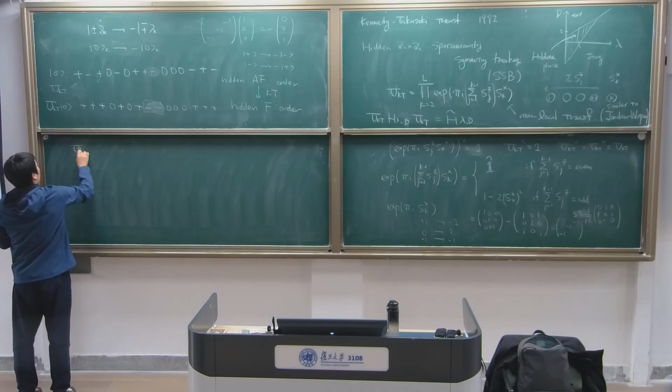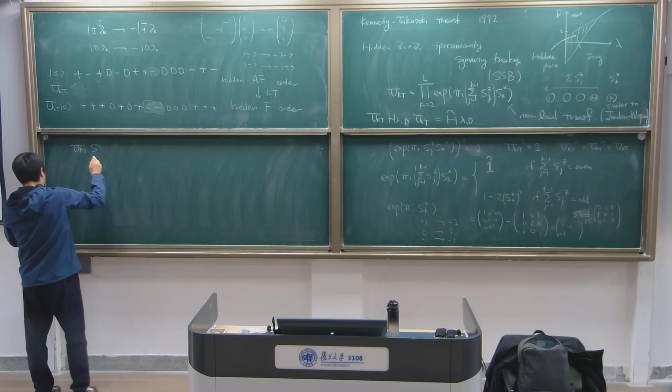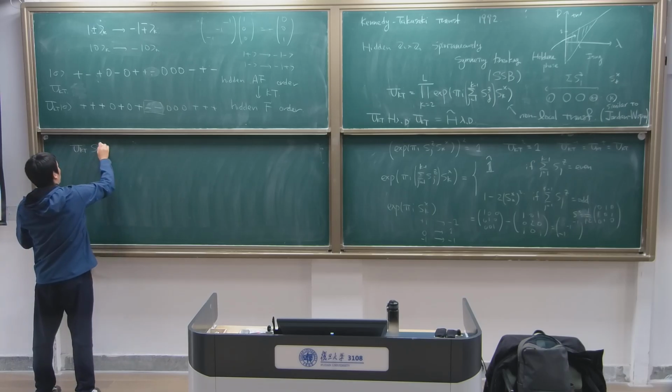Suppose we compute UKT as J and the vector.